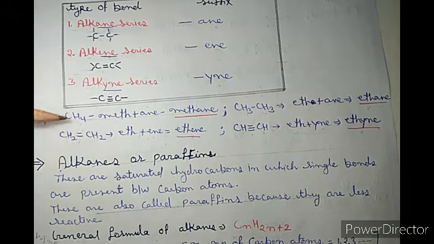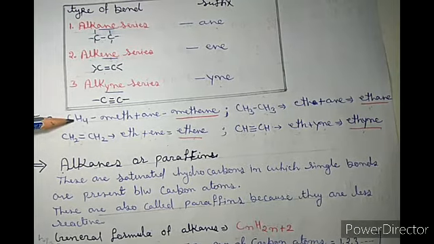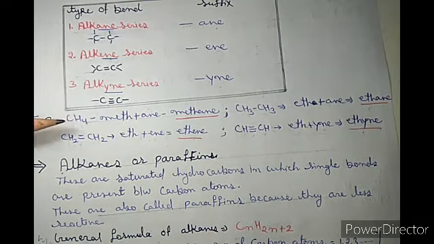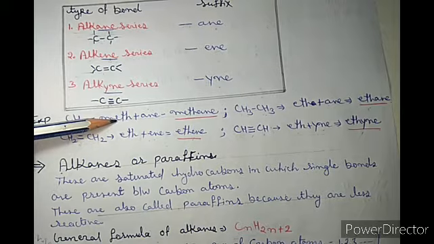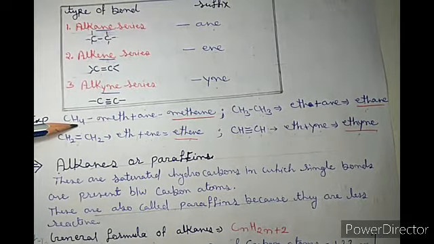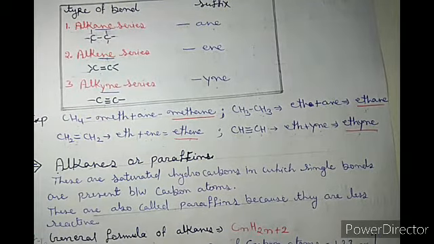First one, there is CH4. It has only one carbon, so the prefix used is meth. Since one carbon is always saturated, why? Because for making a double bond or triple bond, we need at least two carbons, because as per the definition, alkenes are those which have a double bond between carbon atoms.